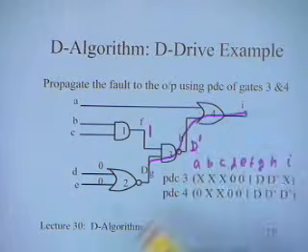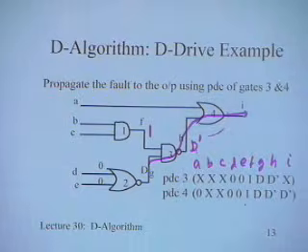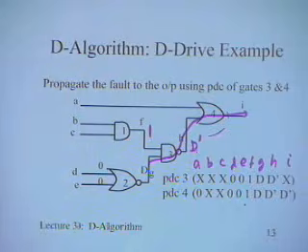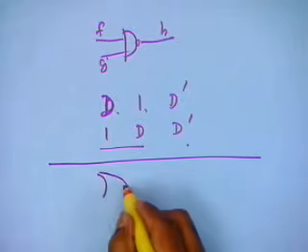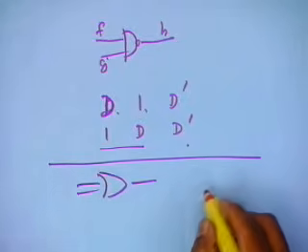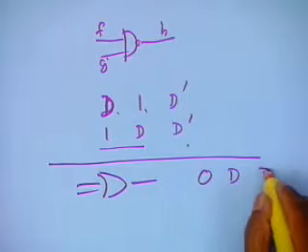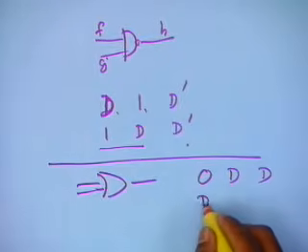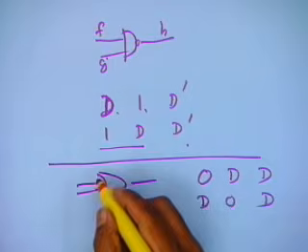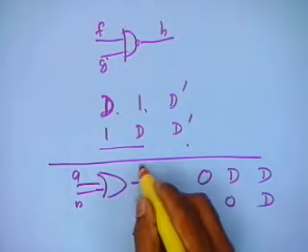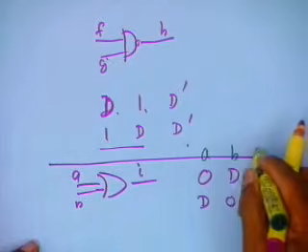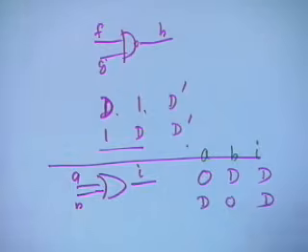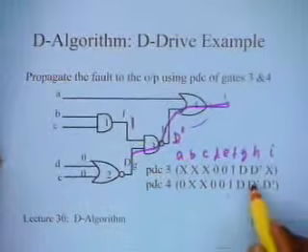So I have to choose the propagation D cube for gate 4, so that I can transmit the fault here. So here if you look at the PDC for the OR gate, 0 D D, D 0 D, where the inputs are A, H, I. But I already have H specified to be D complement.